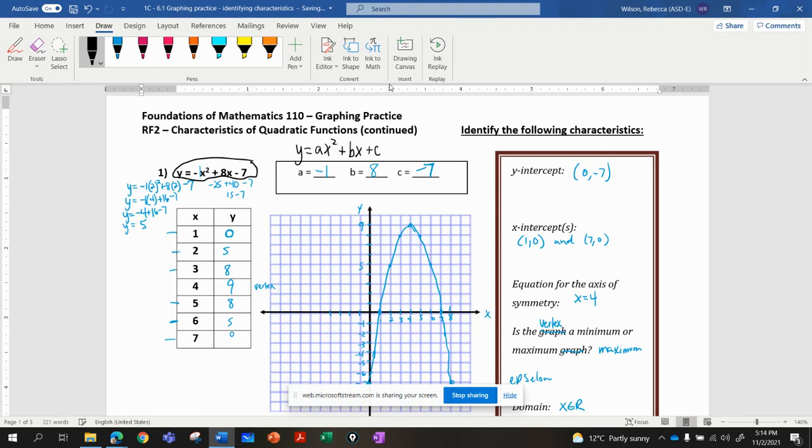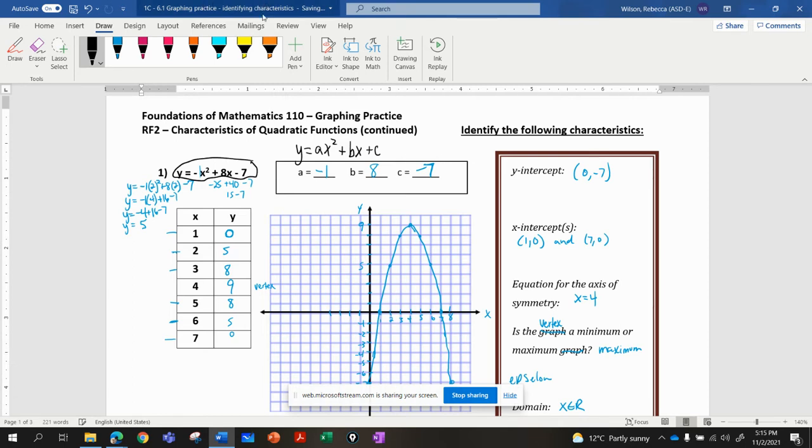Really quickly, the A value is what makes the U shape of the parabola wider or skinnier. If the A is a high value, like 2, 3, 4, whatever, if it's a whole number, basically, that's what makes it skinnier. If it's a fraction, like 1/2 or 1/4, that's what makes it wider. And then if the A value is positive or negative, that tells you the direction that it's open.